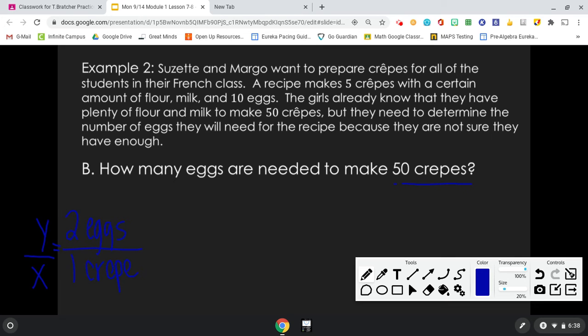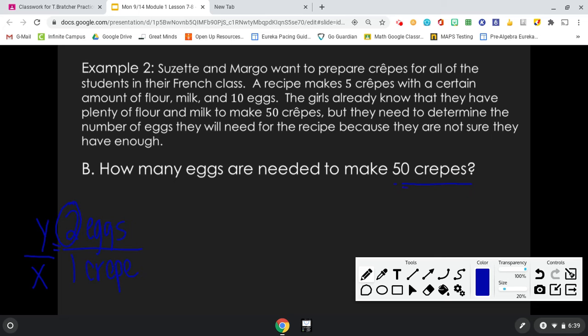So we know if 2 eggs are needed for 1 crepe, you're going to need a lot more eggs to make 50. So think about whether you're going to need to multiply or divide by this unit rate 2. Again, you can pause to think about it if you need to.